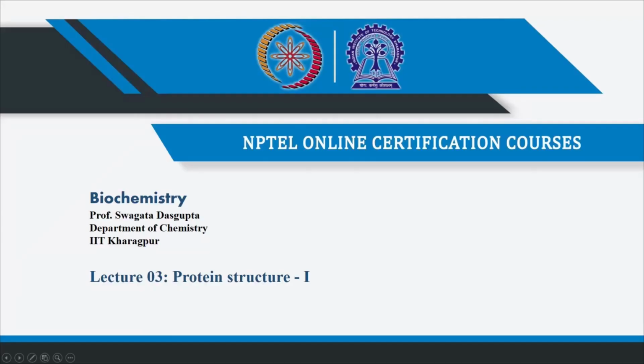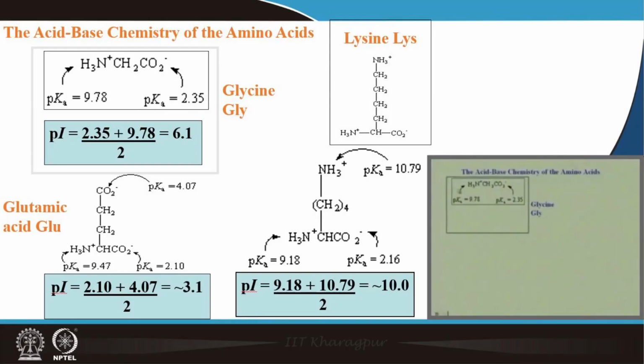We continue our discussion on the acid-base chemistry of amino acids, which we were discussing in our last class. And we understood that if we have a structure such as this, as in glycine, we have basically our protonated NH3+ and we have our CO2-.